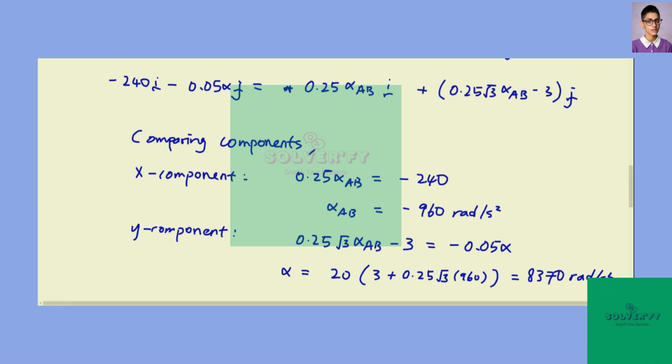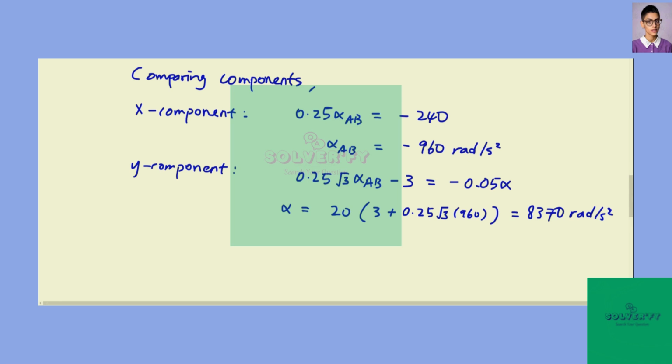So the direction of alpha: alpha is equal to 8370 radians per second square in the counterclockwise direction.